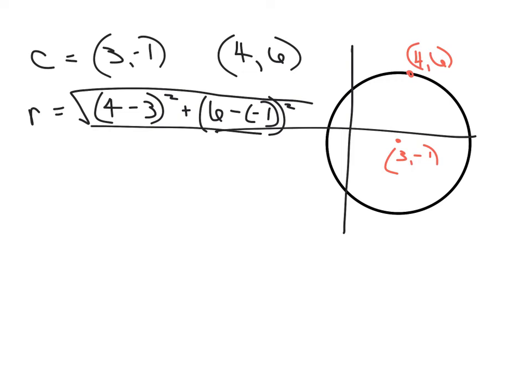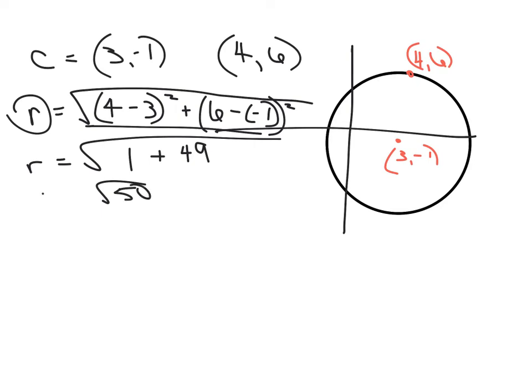I just took my 2 points here. Instead of having the radius like in the last one, I have my 2 points. So r equals the square root of 1 squared plus 6 plus 1 is 7, 49, which equals the square root of 50. That's what my r value equals.